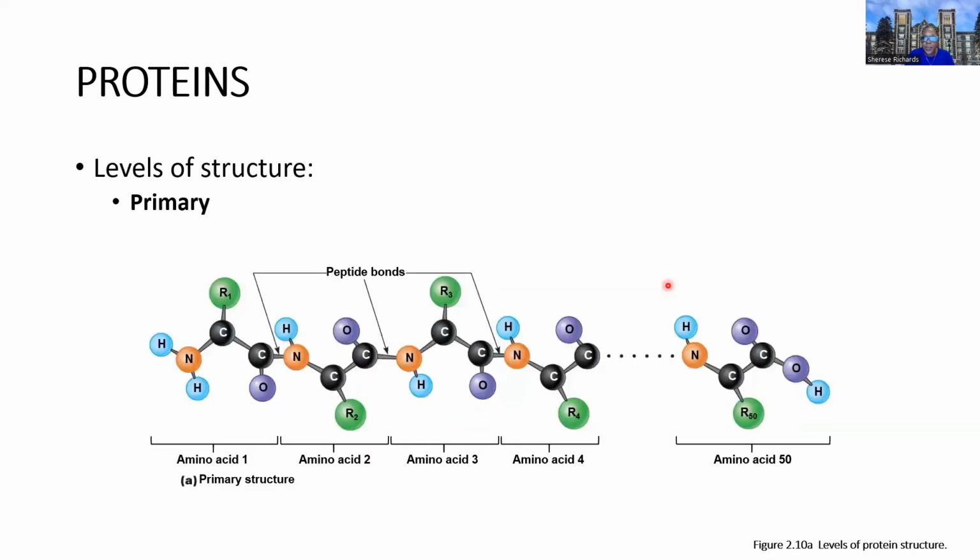Now, on that basis, we can think about different levels of protein structure. So proteins are crucial in many, many aspects of our physiology. Proteins are enzymes. Proteins are hormones.